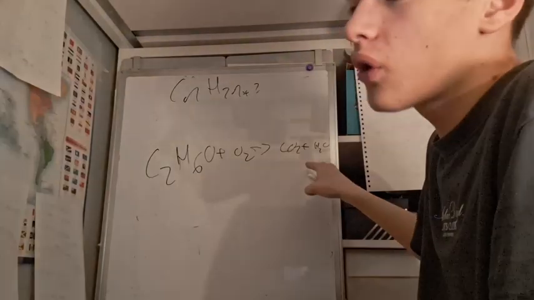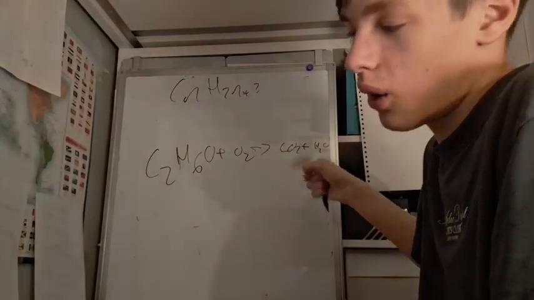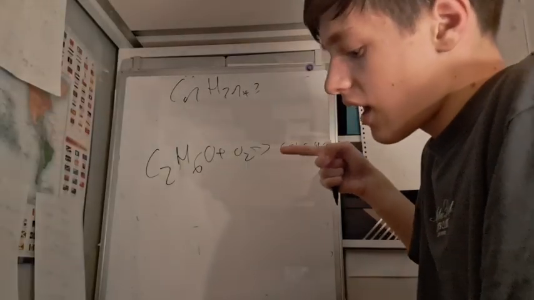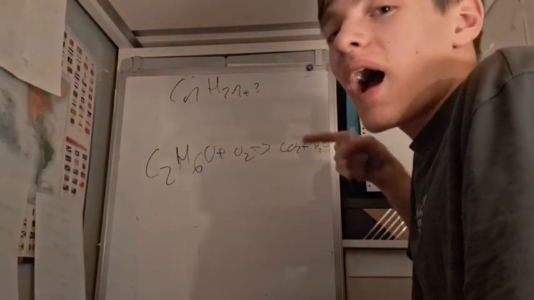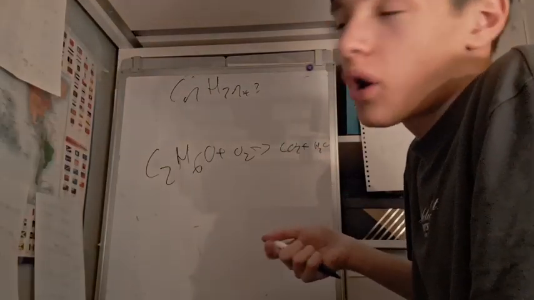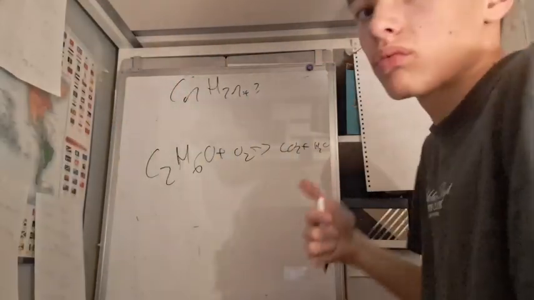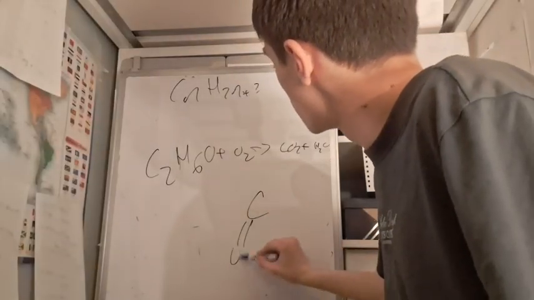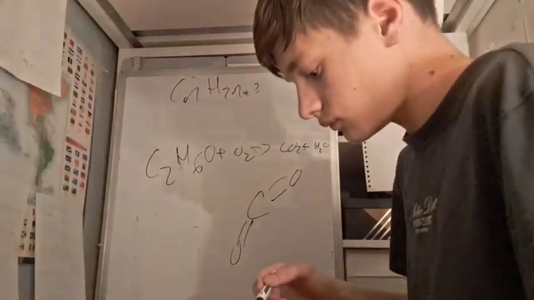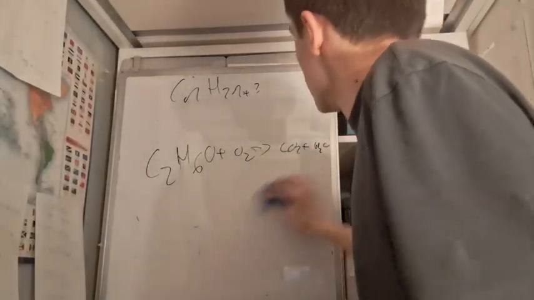Water vapor can also contribute to the greenhouse effect, which carbon dioxide does, and methane, and other gases. But water vapor isn't as bad, plus it comes down in rain. So water vapor good. And carbon dioxide is written like this, a double bonded oxygen. Anyway, back to the combustion.